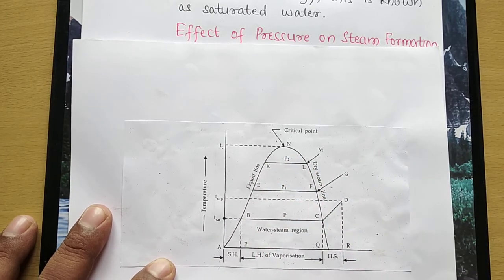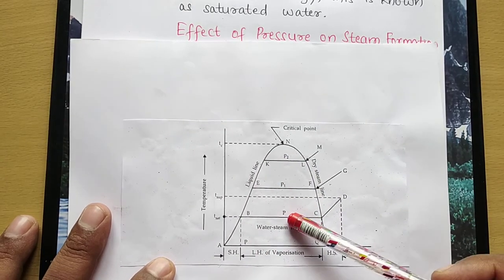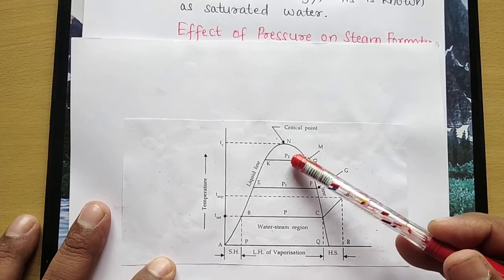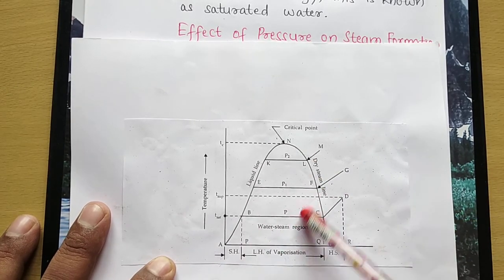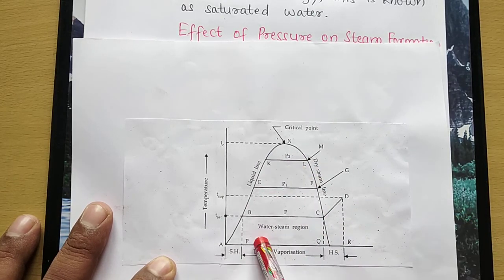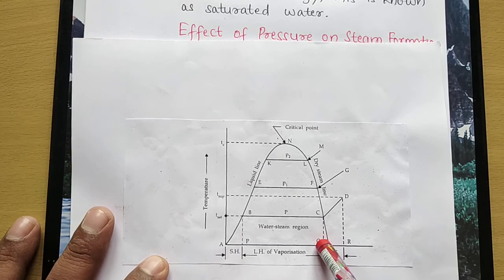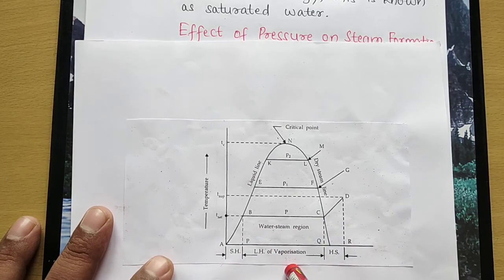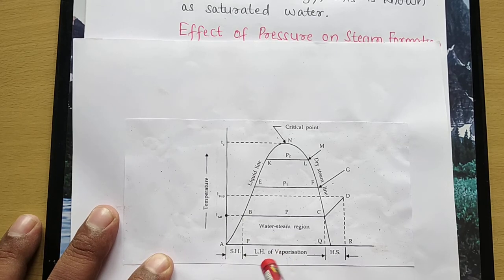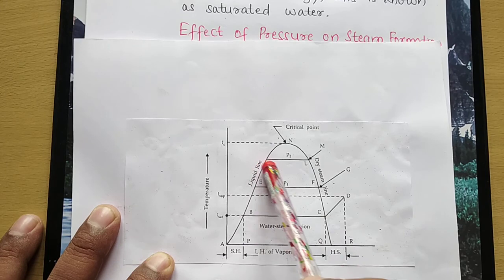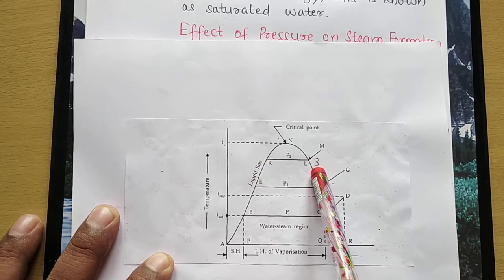Now from this I can observe that when the pressure increases from P to P1 and from P1 to P2, the two-phase region, or water steam region, gets reduced. The amount of heat supplied for evaporation, called the enthalpy of evaporation or latent heat of evaporation, is getting reduced.